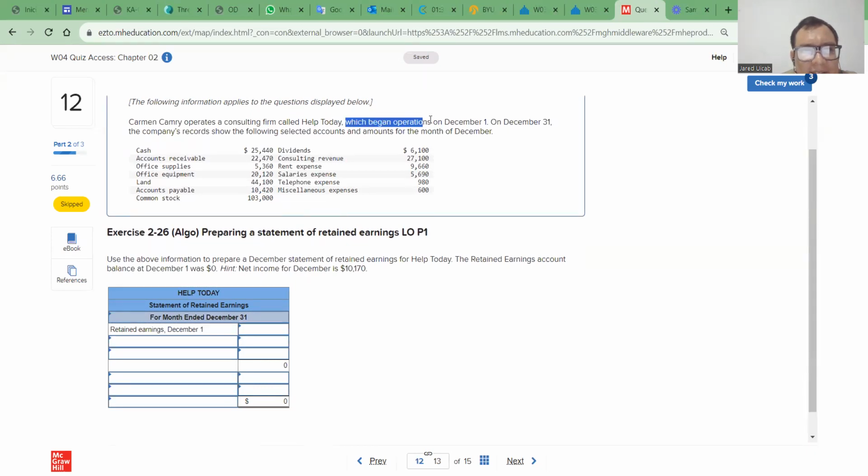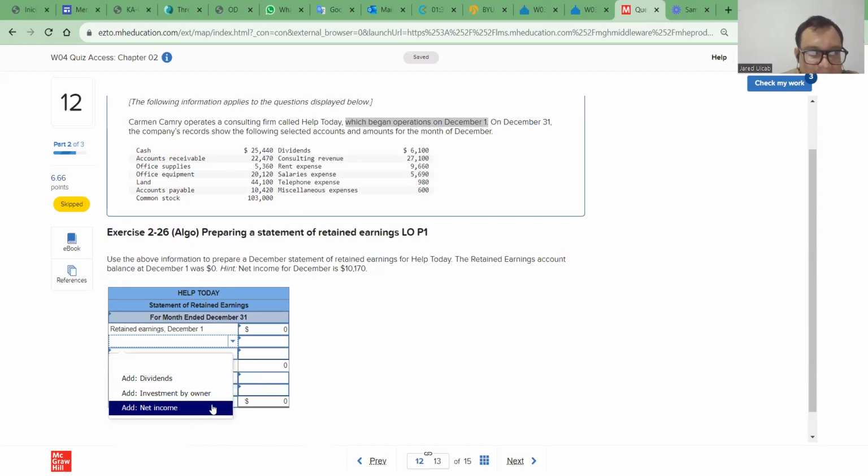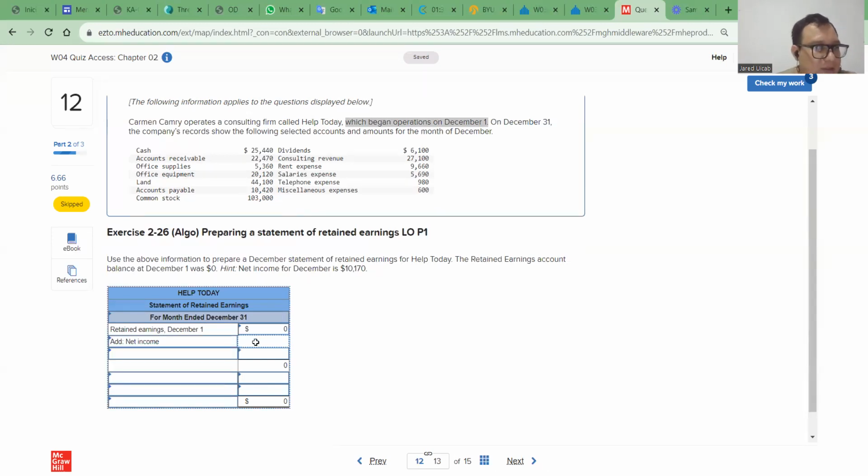It says that Help Today company started operations on December 1st. So here they started with 0 retained earnings. And now we have to add the net income, which we remember from the past exercise.